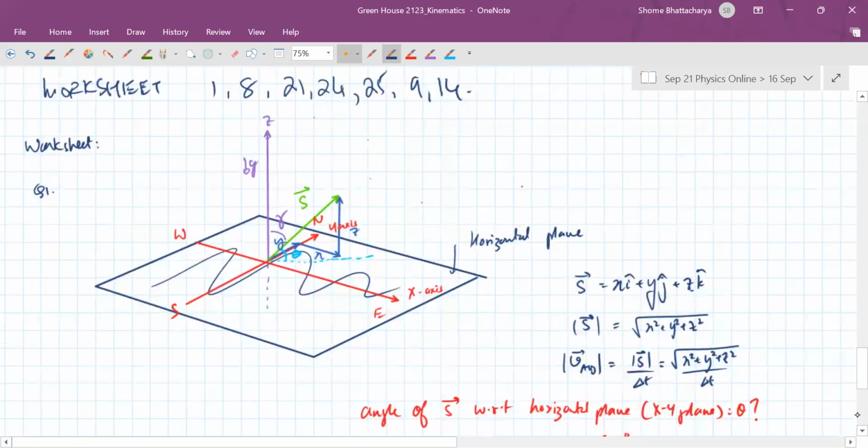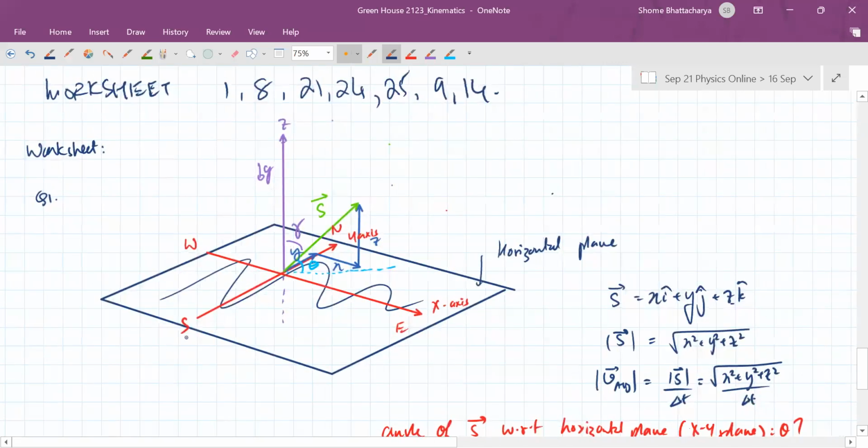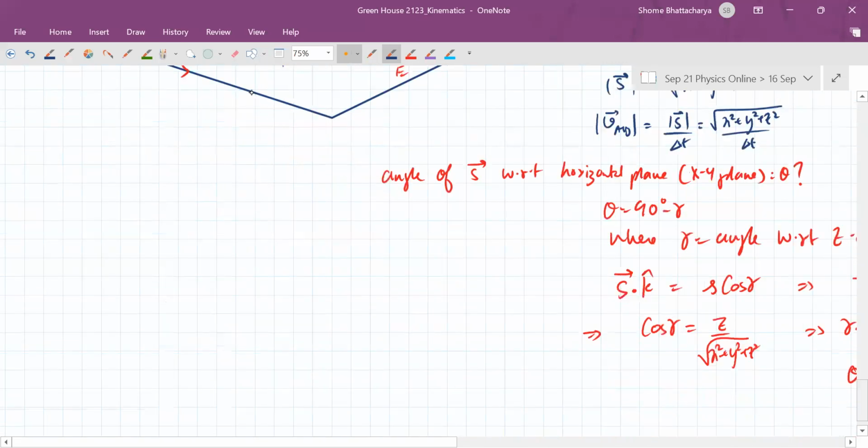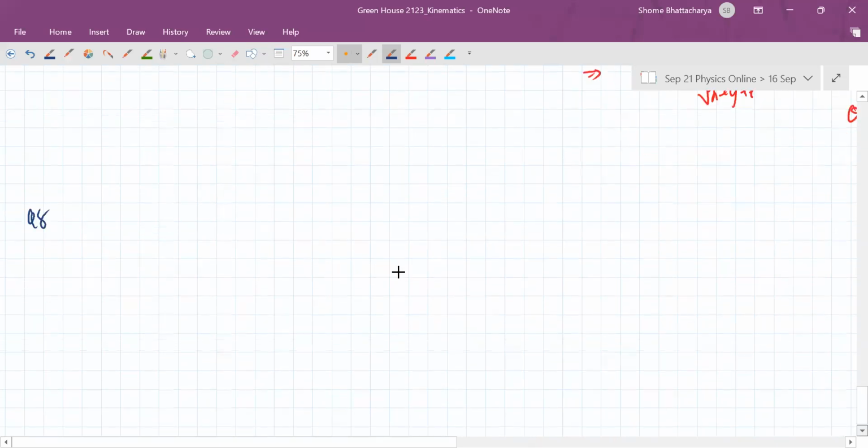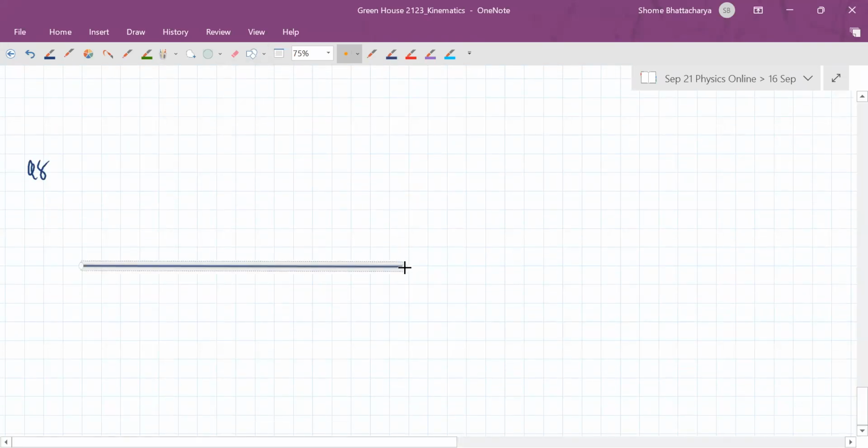So just think of a diagram like this, where this is the ground level, this is the wall, and from the ground at a distance of 8 meters from the wall, the hose is projecting water at some speed u at some angle theta.